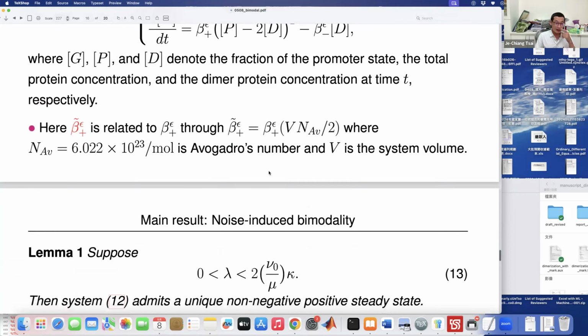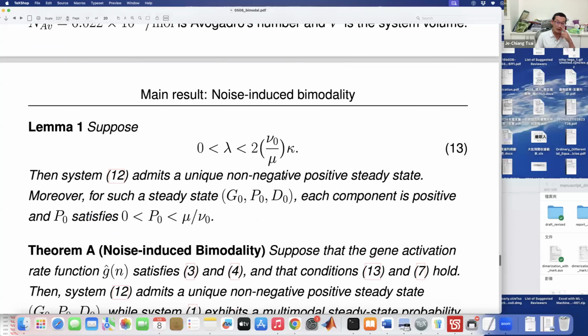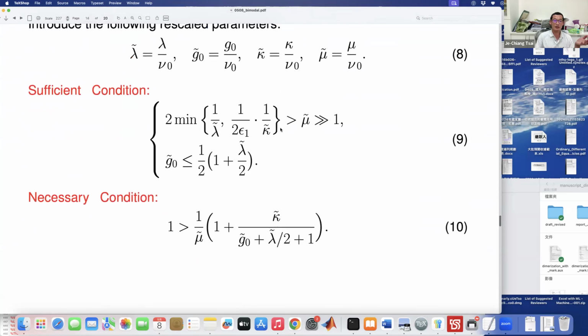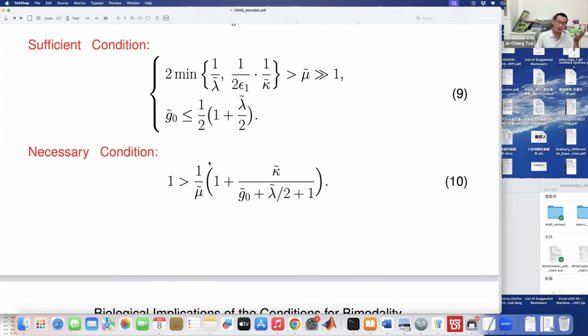And then we can see that if we have this relation, then we have a unique positive steady state for the ODE. So if we have this sufficient condition, then we will get a bimodal distribution, but the corresponding deterministic ODE has only one positive state.